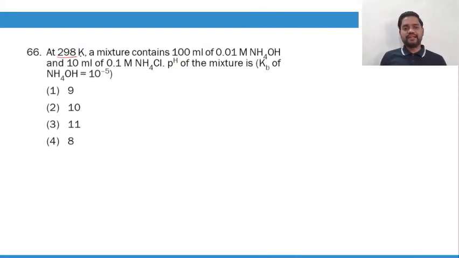Now 66. At 298 Kelvin, the mixture contains NH4OH and 100 ml of 0.1 molar NH4Cl. The pH of the mixture is, and the Kb value is given.